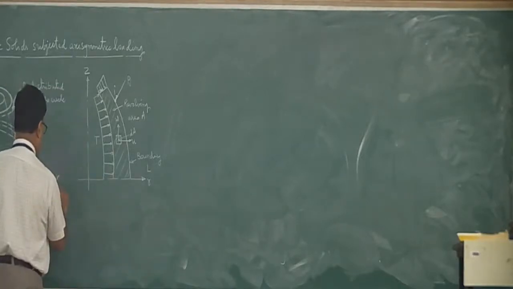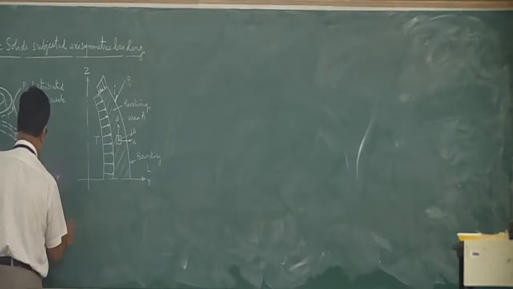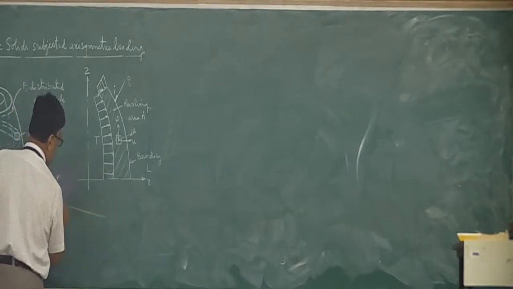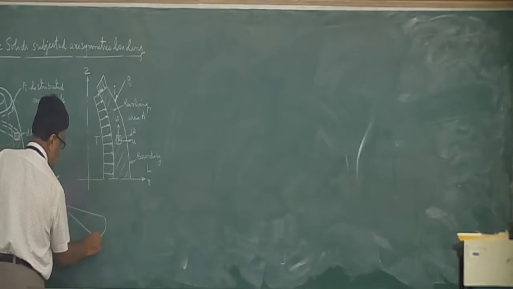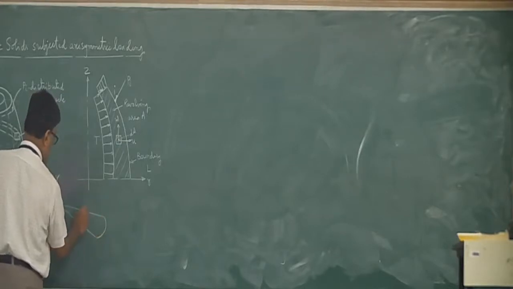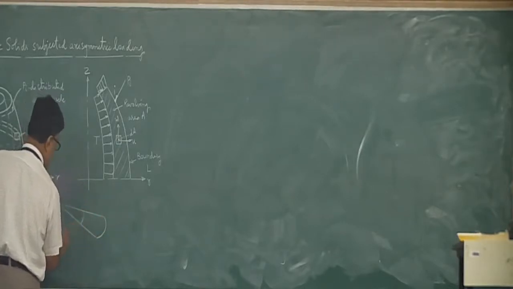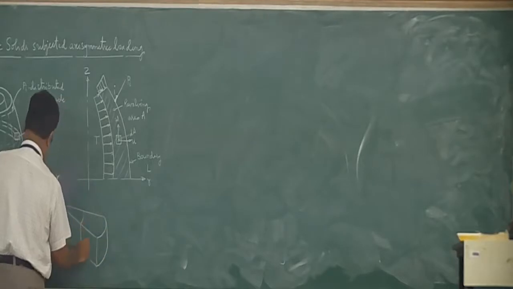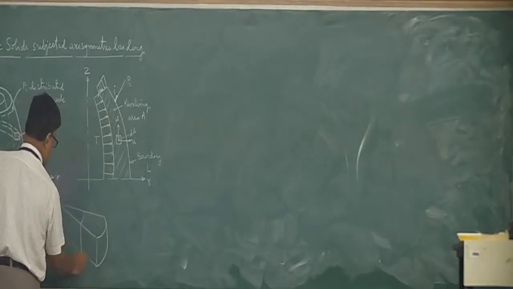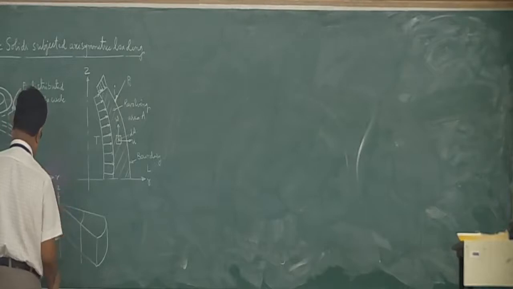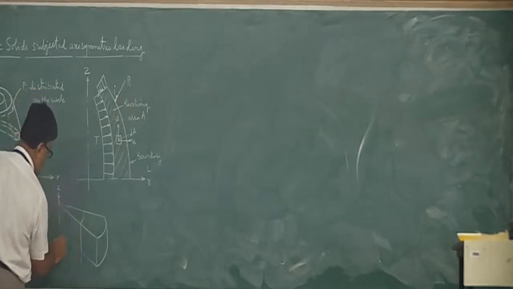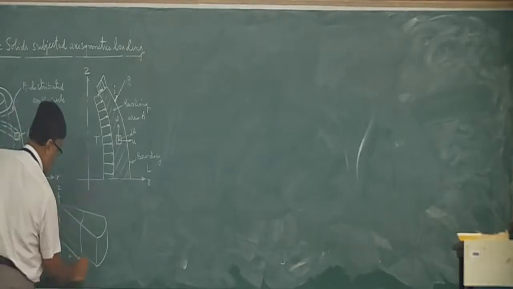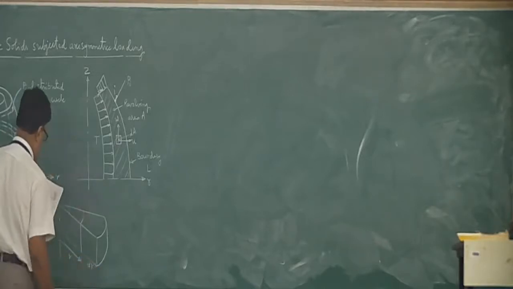If you want another small element of this, when I consider it, you can see here, it comes like this. This is your Z axis, and this is the radius R. This is called dr.